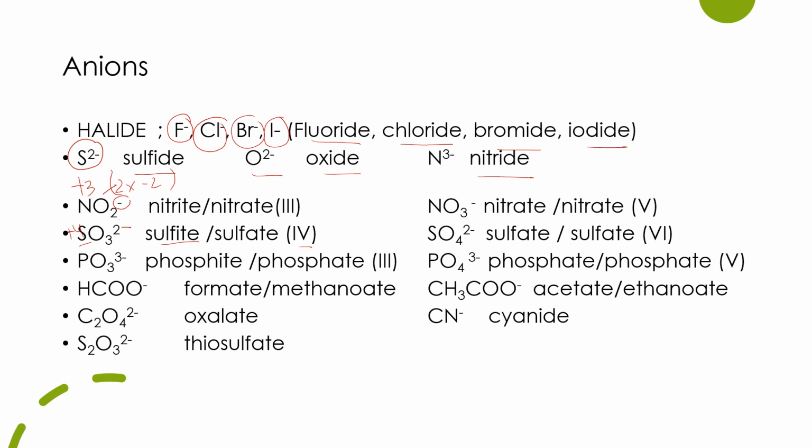SO4 2- is sulfate or sulfate(VI). PO3 3- is phosphite or phosphate(III). PO4 3- is phosphate or phosphate(V). HCOO- is formate or methanoate. CH3COO- is acetate or ethanoate.